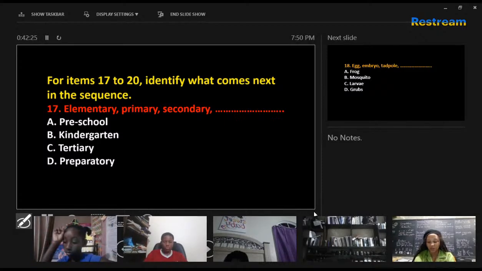The secondary school will be on par with high school, and then you go on to college or university, which would be the tertiary level. All right, so everybody is agreeing with that in the chat. I think Madison says tertiary.